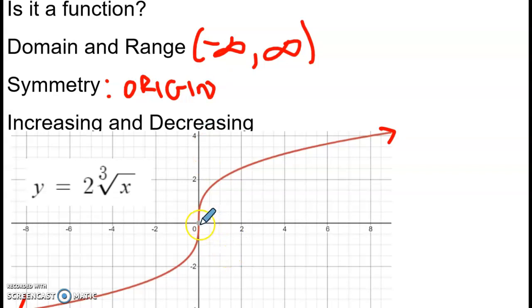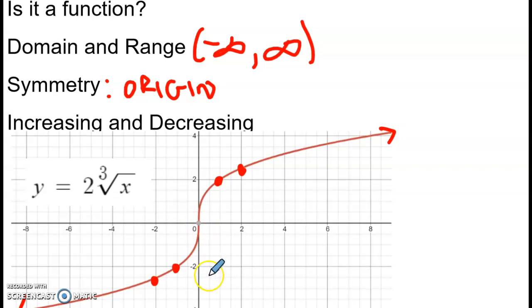Okay. Let's look at the points. Let's see, we have 2, 2.5, and I have -2, -2.5. I have 1, 2. I have -1, -2. Okay, so do you see what I mean? It's symmetric across 0, 0, across the origin.